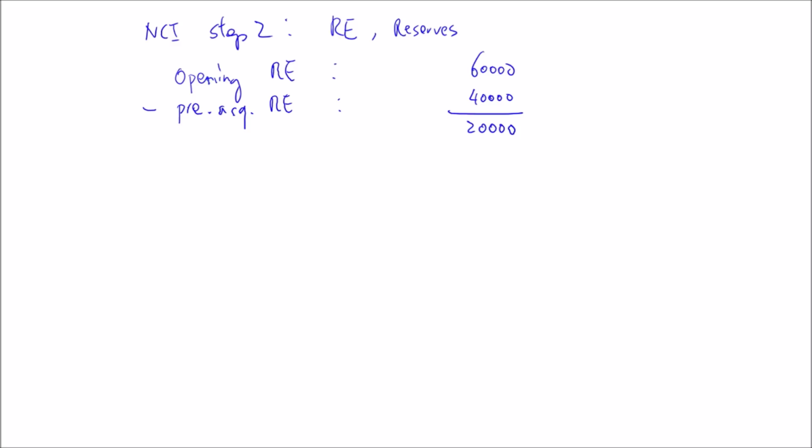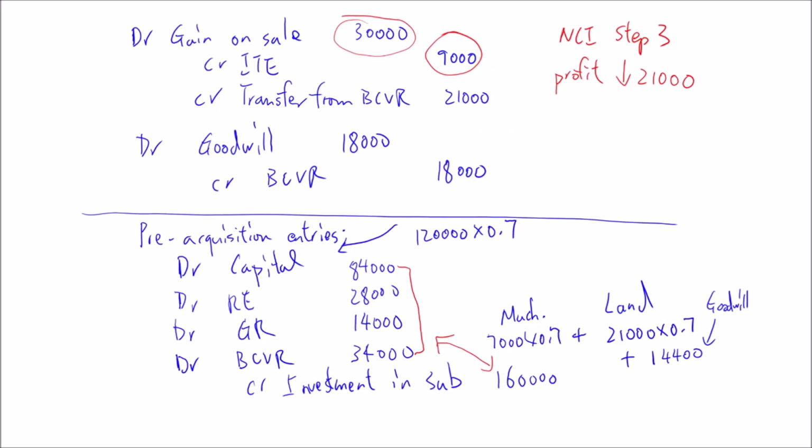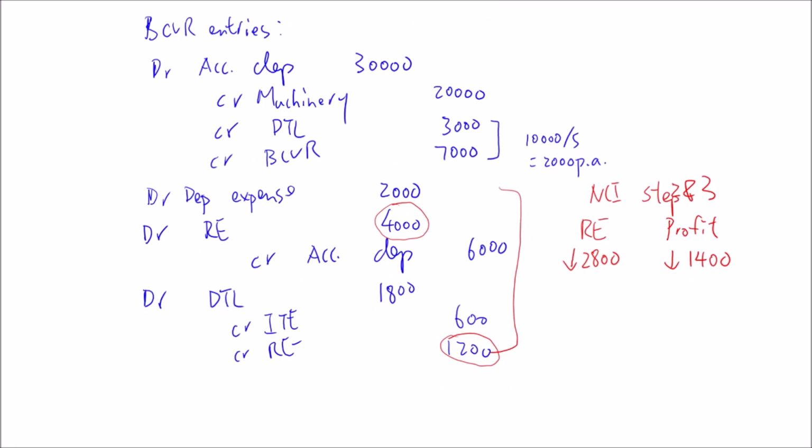With this $20,000 starting point, we then need to consider whether we have made any adjustment based on any journals that we recorded before. This is the time where your working becomes very useful. So pretty much we're going to go back to first the BCVR entry. With the BCVR entry, you can see that we want to decrease retained earning by $2,800.